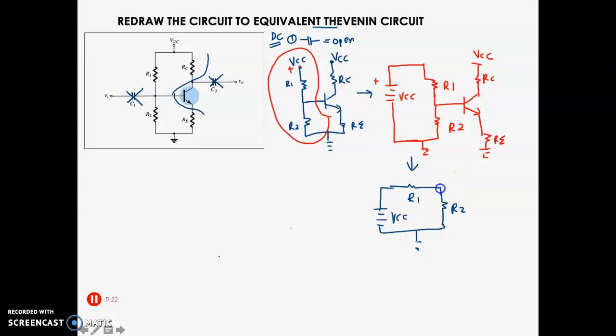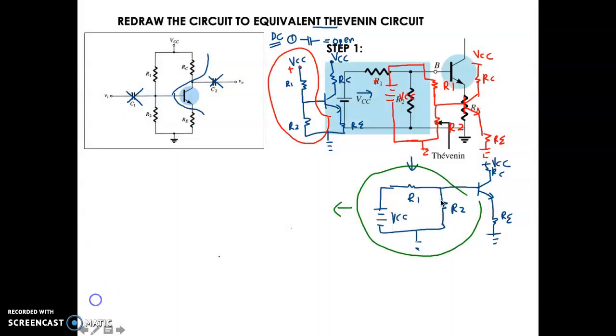The whole of this circuit is connected to your BJT at your base, and here you have RE, and then here you have RC, and then towards your VCC also. Okay, so at this area is where you're going to change to Thevenin.